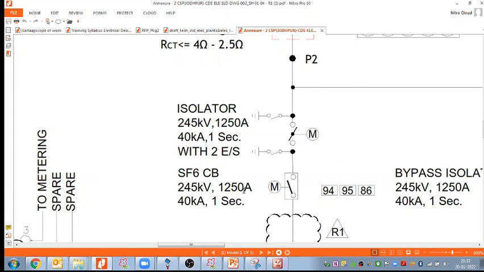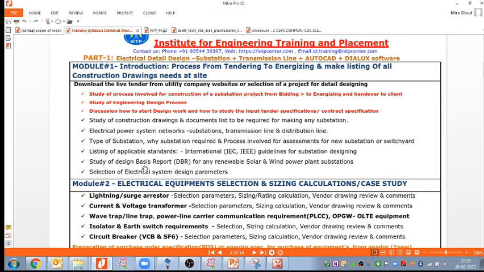For that we will discuss in the next module, equipment selection and sizing calculations, where I will discuss the current rating calculations. Today we are going to freeze the fault rating value.